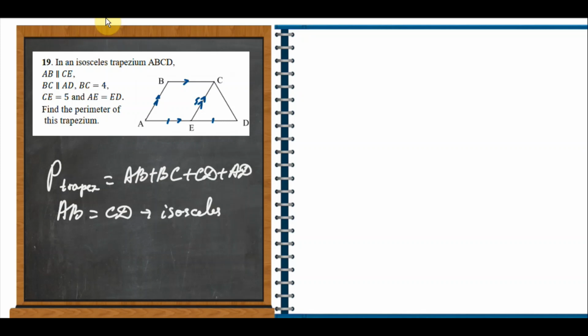Now, as you see, that's a parallelogram here. If CE is 5, we will say that AB is going to be 5 as well, because in a parallelogram, opposite sides are equal. After that, if BC is 4, we will conclude that AE is going to be 4 because it's the opposite side of BC in the parallelogram. So AE is 4 as well.